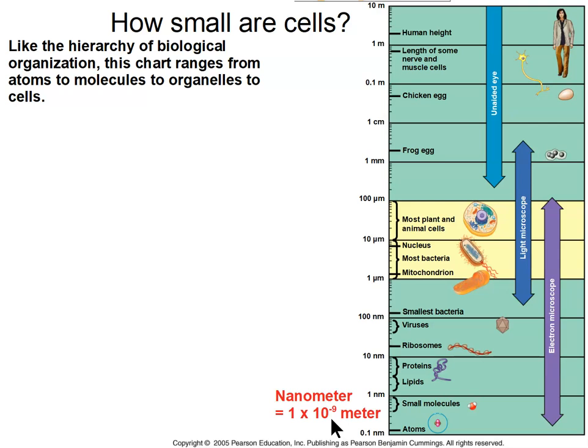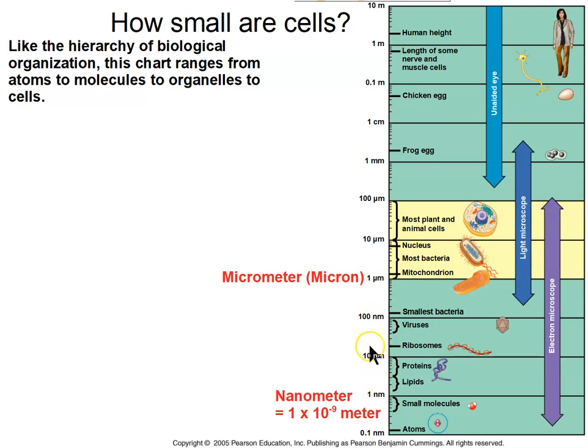That's an extremely small number. It's 1/billionth of a meter. That's what 1 × 10 to the -9th is, 1/billionth of a meter. So that's the size of a nanometer. And that's what's used to measure things that are all the way down to the atomic and small molecule level or size.